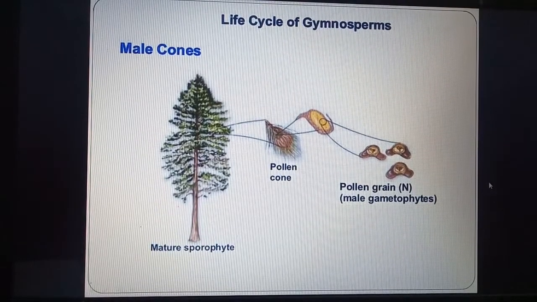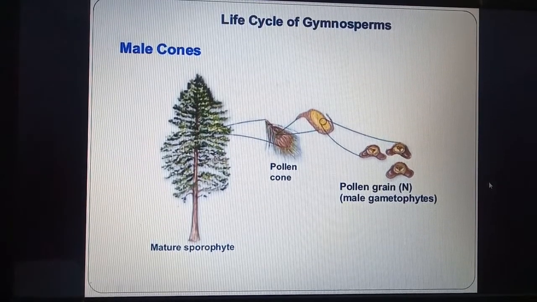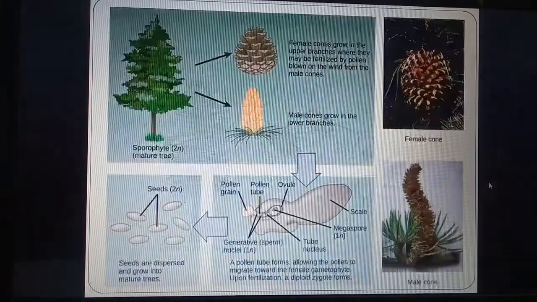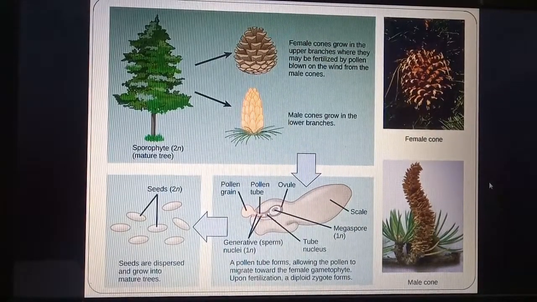Here we can see a matured sporophyte or vegetative plant body. Then the pollen cone is there, the male cone, and pollen grains are released. We can see pollen grains have wings which help in dispersal, or pollination, by air. In this figure we can again see a mature sporophyte tree.